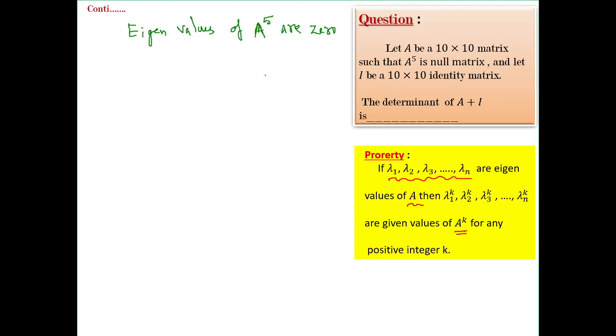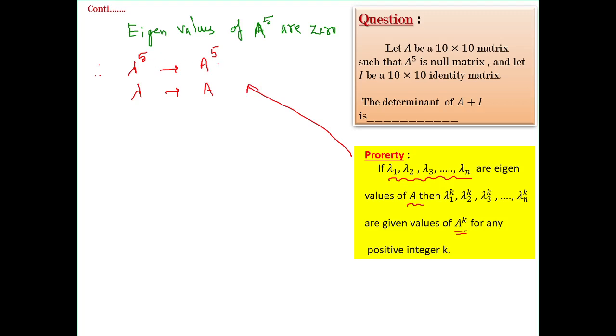So what are the eigenvalues of A power 5? Lambda power 5 are the eigenvalues of A power 5, and lambdas are eigenvalues of A, based on this property.